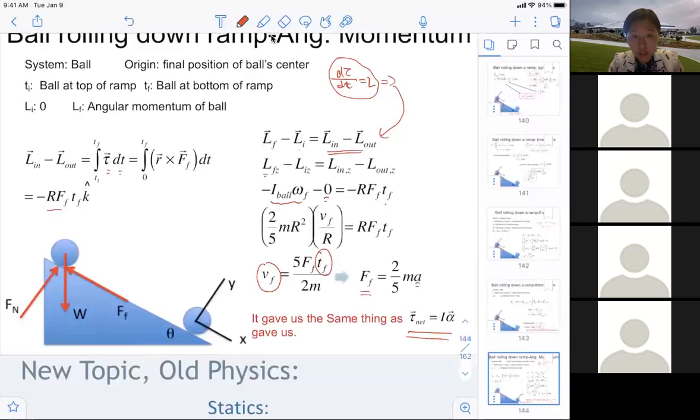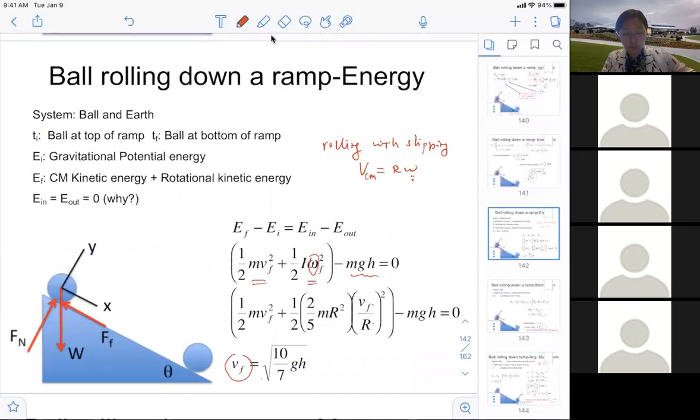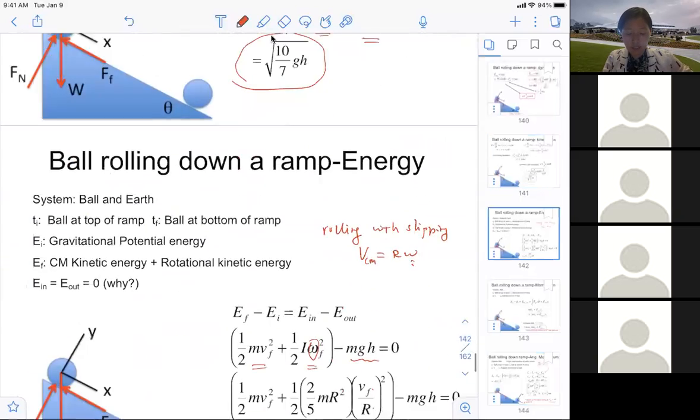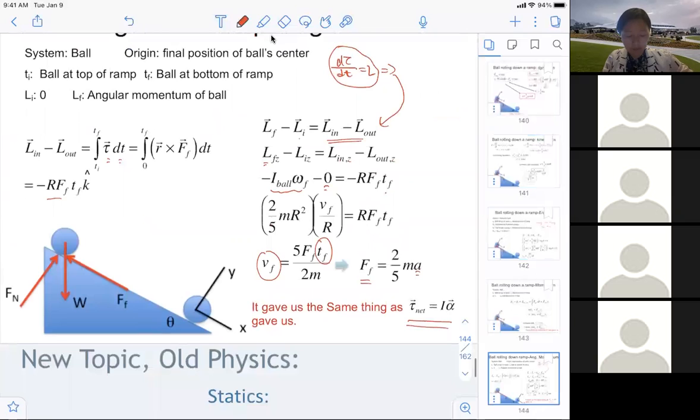I just want to show that you can apply everything you have in your toolbox right now to the same problem, and they should give you the same result. But in exams, focus on the energy approach and the dynamics and kinematics approach. Don't worry about the momentum and angular momentum part. All right, so that's all. We're going to end our discussion for rotation.